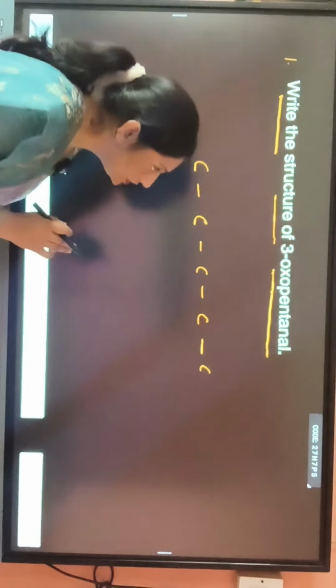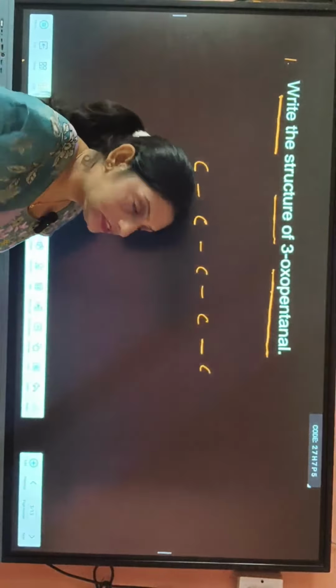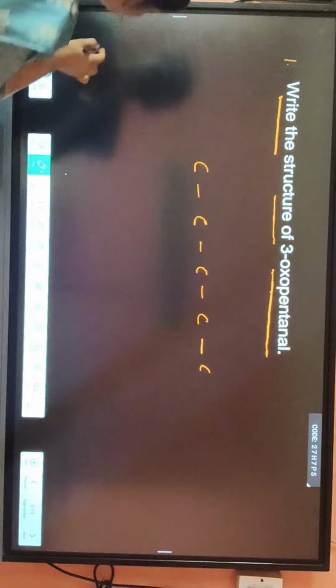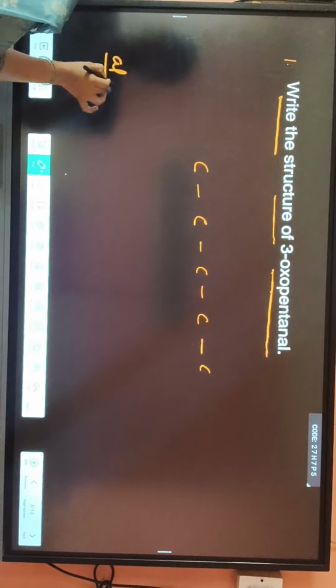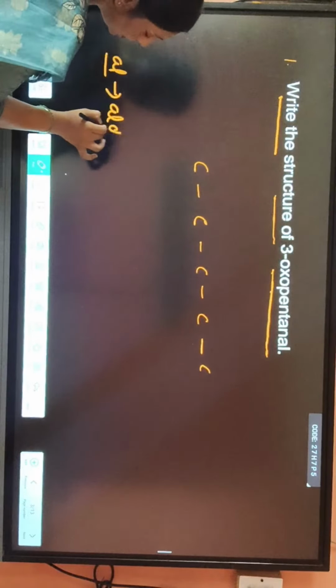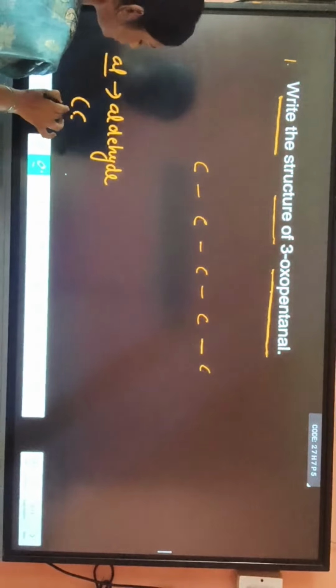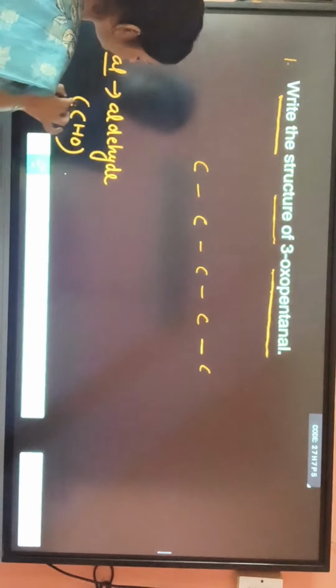Then you will see the functional group and suffixes. In pentanal, al means aldehyde. The aldehyde group is the CHO group.